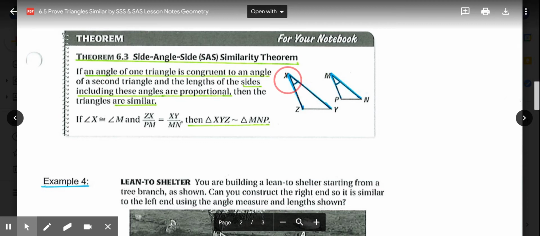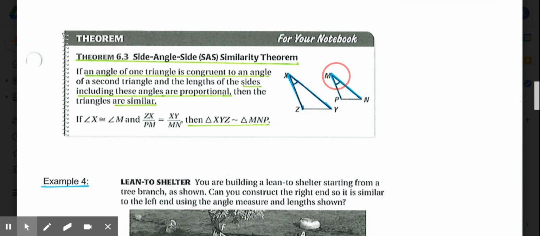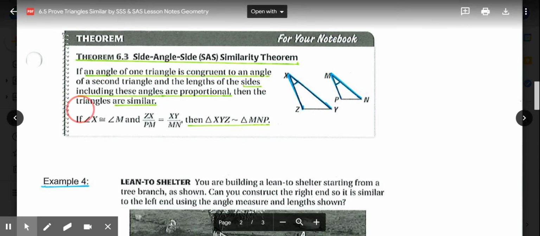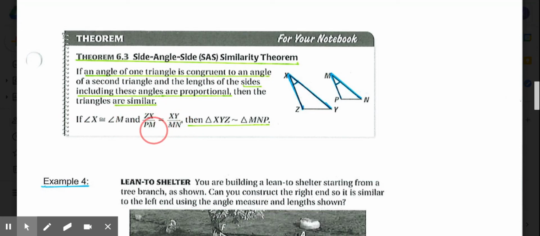So if we knew angle X was congruent to angle M, the sides we care about are XZ and XY, and then MP and MN. It's the two sides that include that angle. So the rule is, if our angles are congruent and the two sides are proportional, then the triangles are similar.